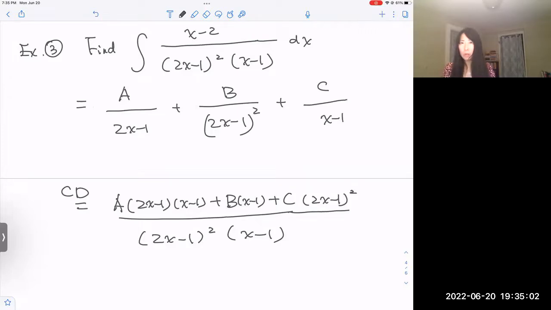Okay, look, I skipped one step because the denominators are identically the same.